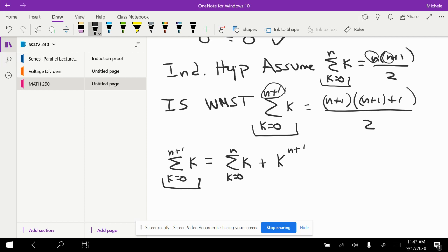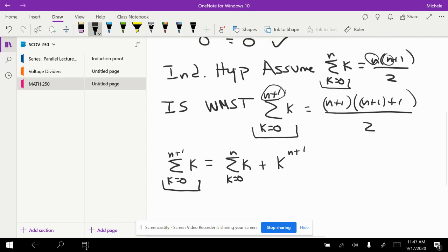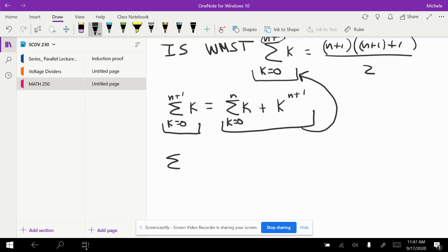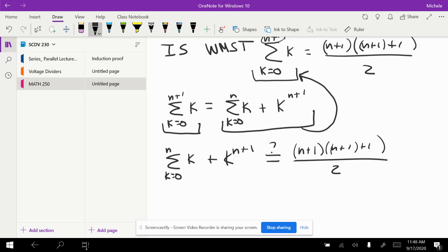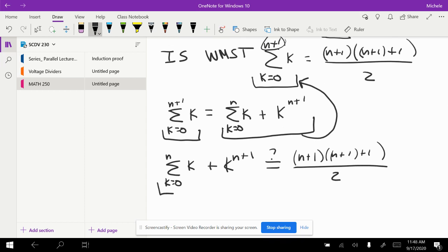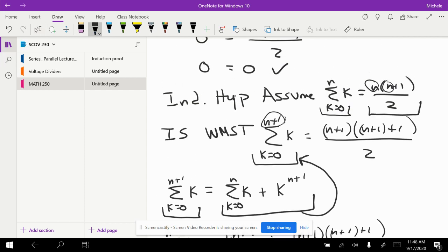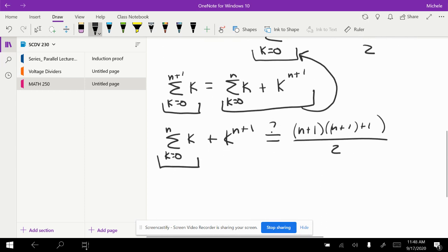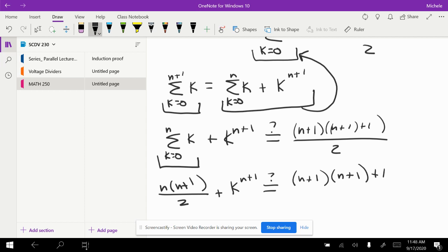Then I'll plug in my hypothesis: the sum from k equals 0 to n of k, plus the next term, does it equal n plus 1 times n plus 1 plus 1 over 2? For the sum part I plug in my closed form from up above, since I'm assuming that's true. So that's n times n plus 1 over 2 plus the next term. Does it equal n plus 1 times n plus 1 plus 1 over 2?